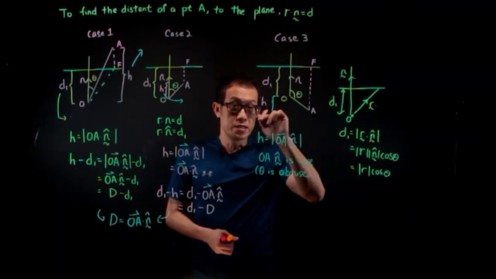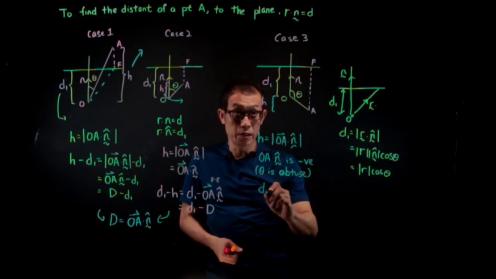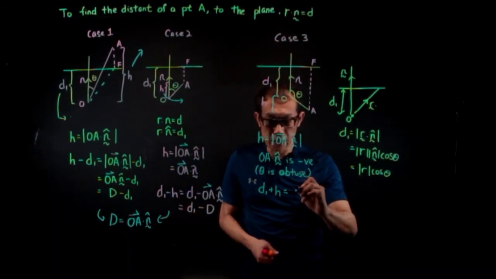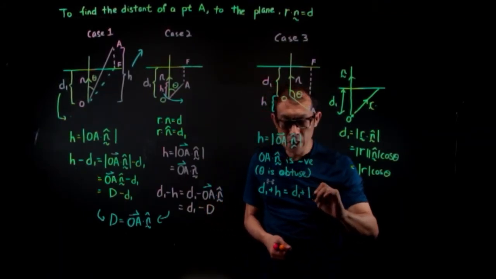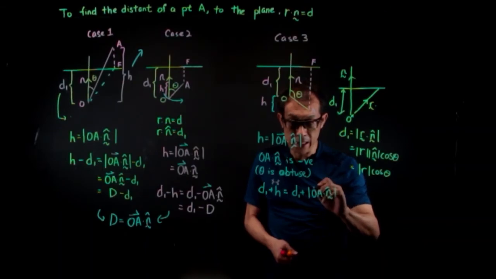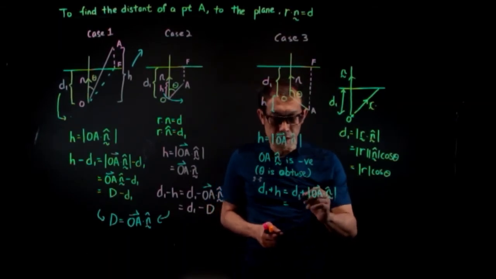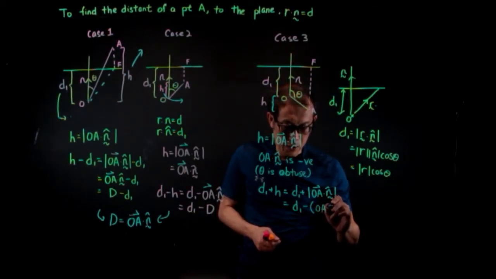Now the required distance will be d1 plus h, so d1 plus the modulus of OA dot unit vector n. If we remove the mod, then it would be d1 minus OA dot unit vector n.